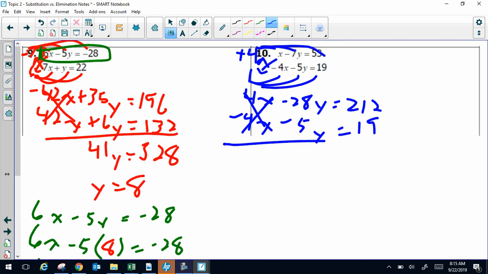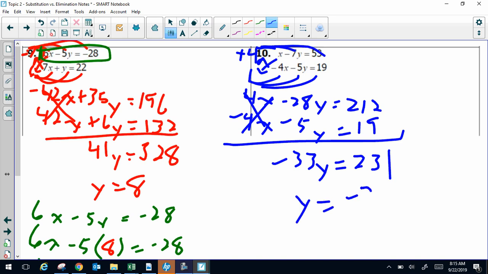Those will cancel. The x's should always cancel out. We get negative 33y equals 231. So y is equal to negative 7. So then, again, choose one of the equations. I always choose just the top one.